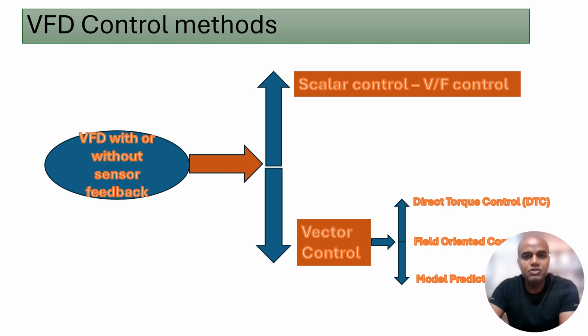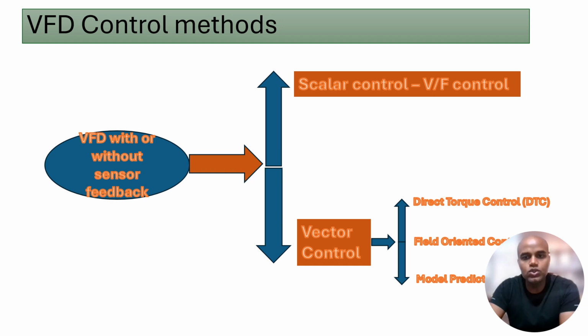So what is the difference between scalar control and vector control? As the name suggests, in scalar control we don't have to deal with vector quantities, and this method does not require any sensor feedback to work. It simply controls the voltage and frequency without knowing the position of the rotor of my induction motor or synchronous motor.